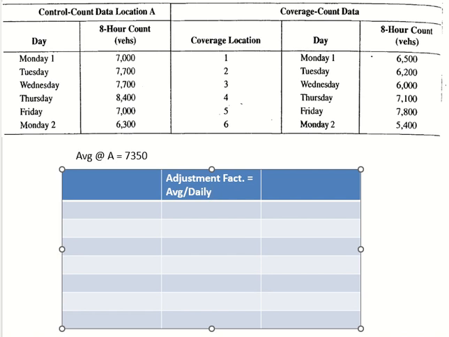So we know the average for the control count, right? I'll use the daily volume on the control counts to calculate the adjustment factor for each day. For example, Monday 1, the average is 7350. The count for Monday 1 is 7,000. This will be the adjustment factor.